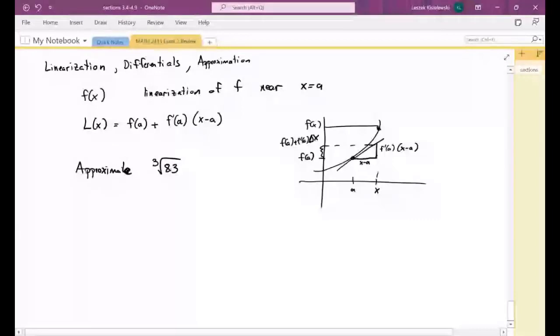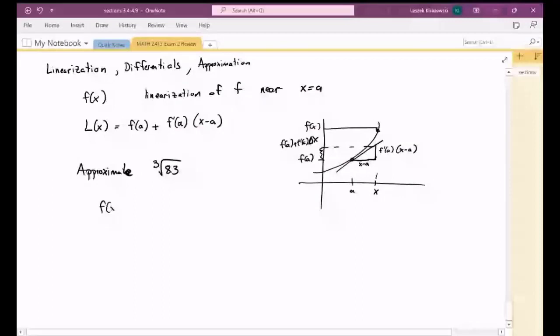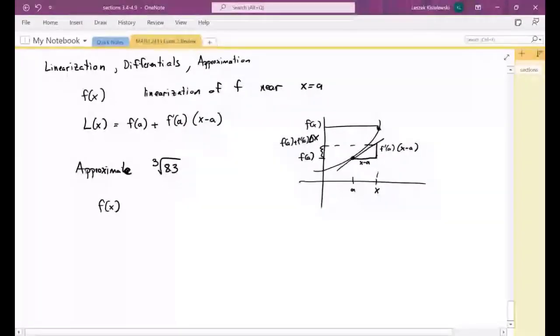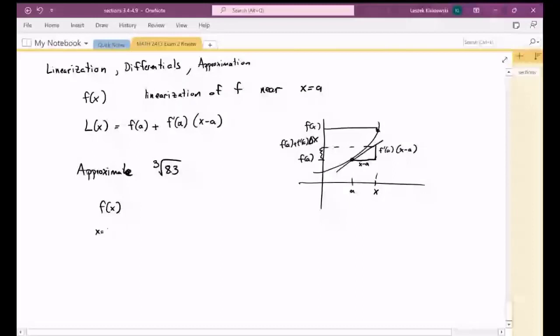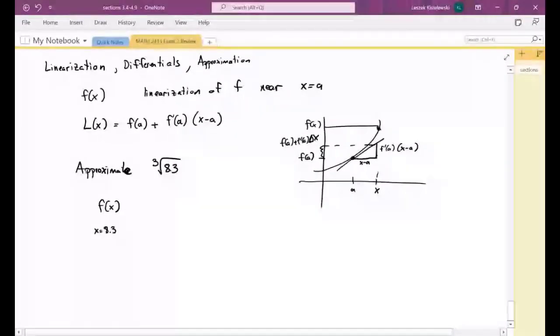So how can we use linearization to approximate that? Our function is the cube root of x. Cube root, yeah, that's our function. And of course we have to notice that the x here is 8.3, and what's really close by that's easy to cube root? 8, right?